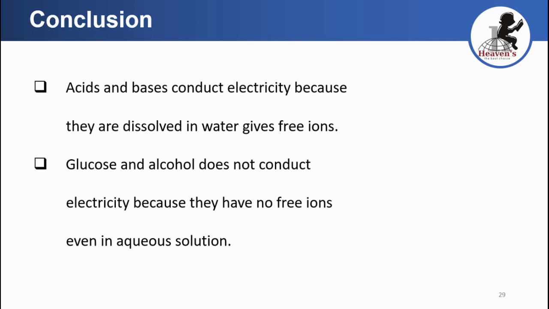So which solutions conduct electricity? Acids and bases conduct electricity. In which cases does the bulb not glow? Distilled water, glucose and alcohol do not conduct electricity because when they are dissolved in water, they do not have any free ions. Okay. Next.